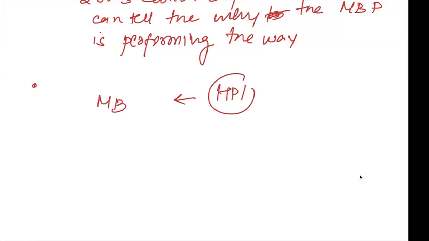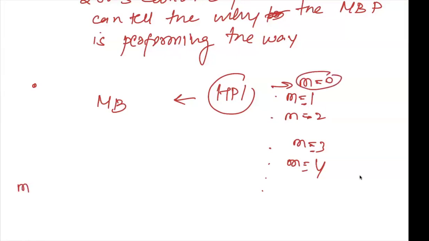No, not like that. See, since you have monthly data for housing price index, right? Month 1, month 2, month 3, month 4. Let's say the current month is 0, and these are the previous months, -1, -2, -3, -4. So M equal to 0 means current housing price index.